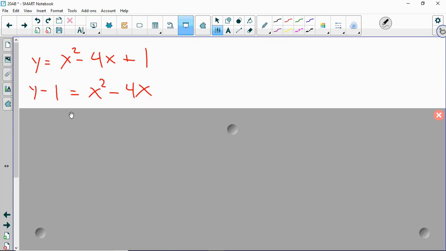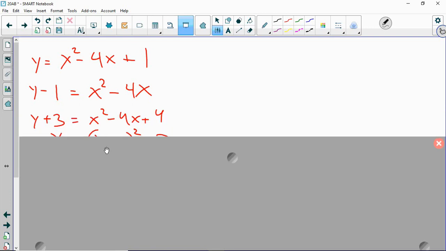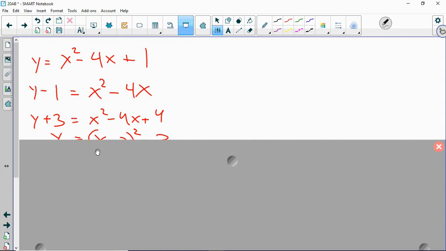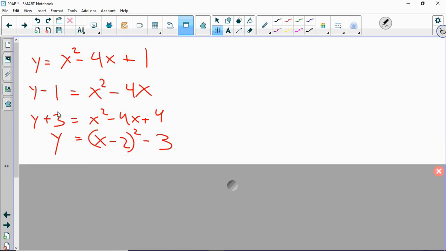Now, take half of minus 4. That's minus 2. Square it. You get 4. I'm going to add that to both sides of the equation to keep things in balance. 4 plus negative 1 is 3. And here I've just got plus 4. Now I'm going to factor this. That gives me (x minus 2) squared. And then subtract the 3 over.